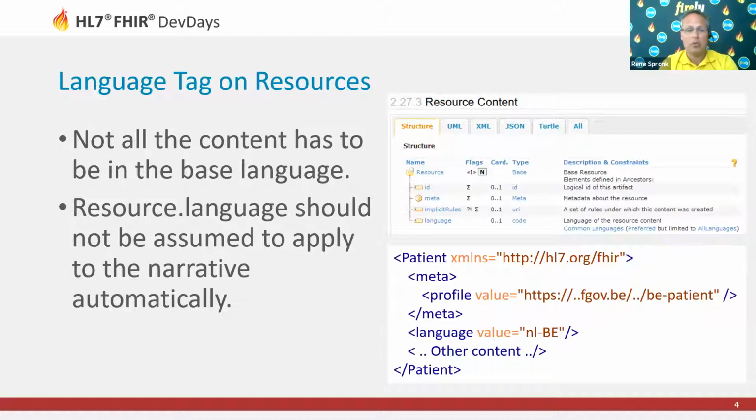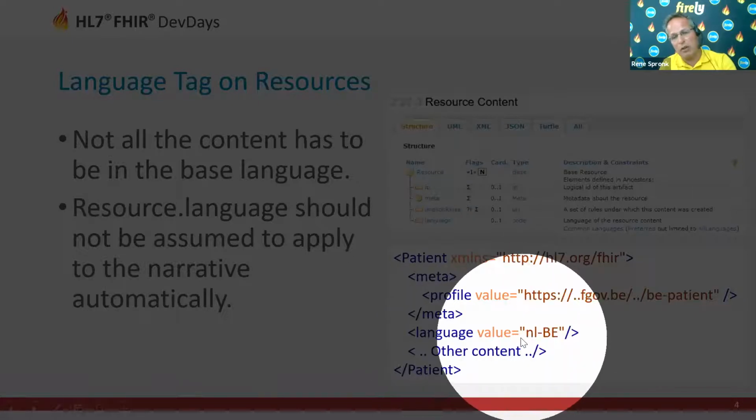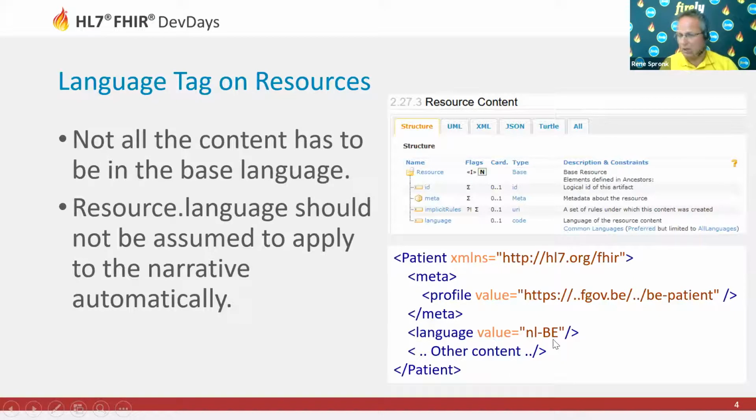So language is the default or base language that applies to all content of that particular FHIR resource. Here in our example, we see the typical internet way, or RFC way, of expressing Dutch as spoken in Belgium. I told you Belgium is one of the prime examples because they have multiple official languages.